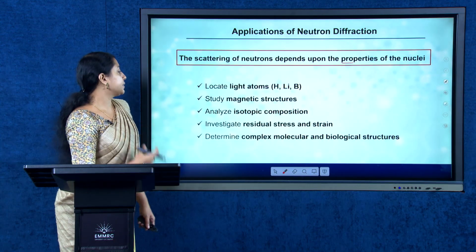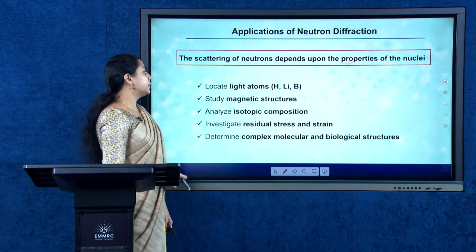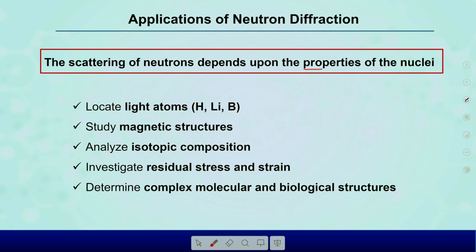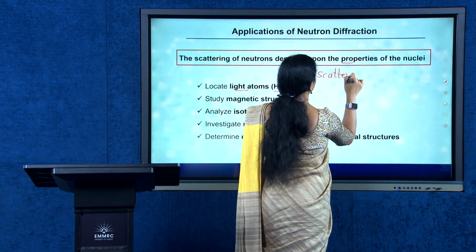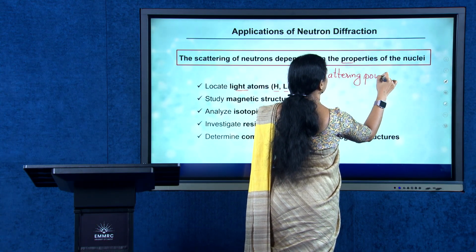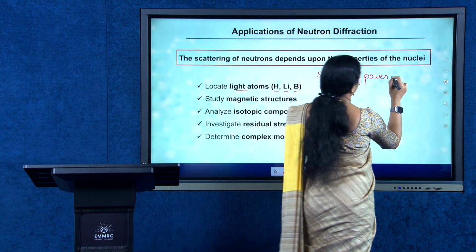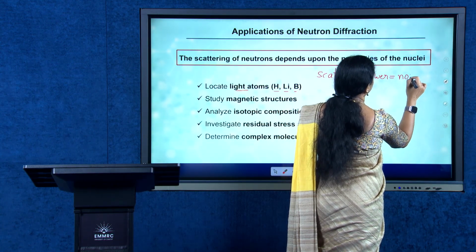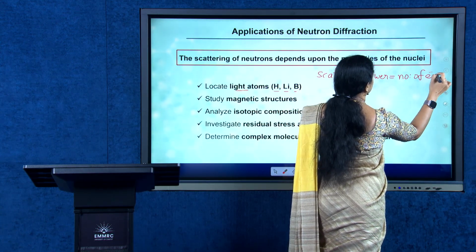This technique helps in locating light atoms like hydrogen, lithium, boron, etc. When we deal with X-ray diffraction or electron diffraction, we know that the scattering power is equal to the number of electrons in the atom.